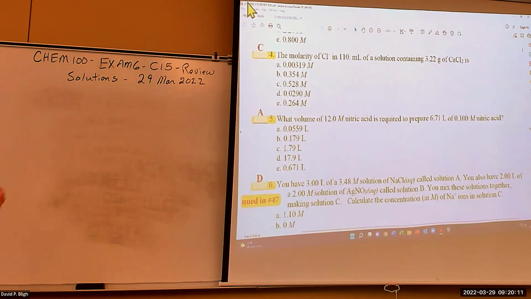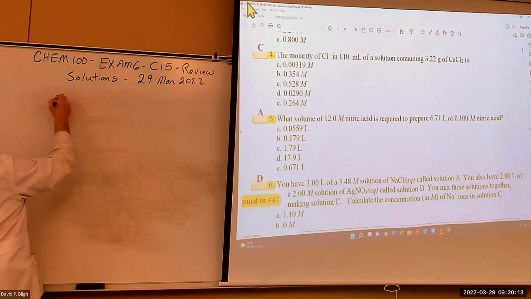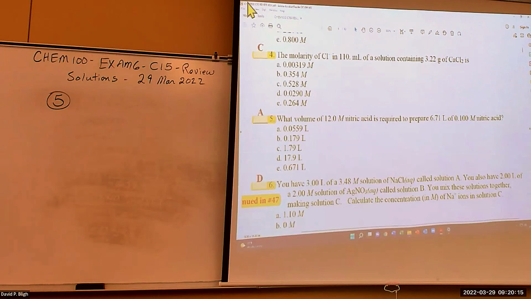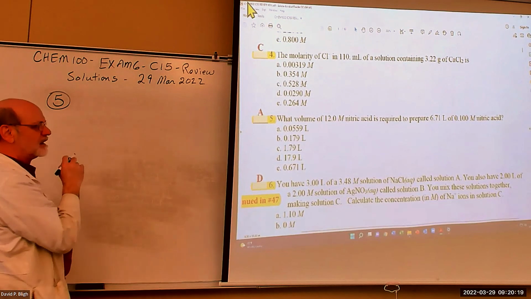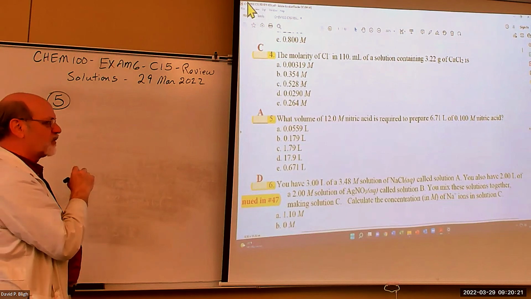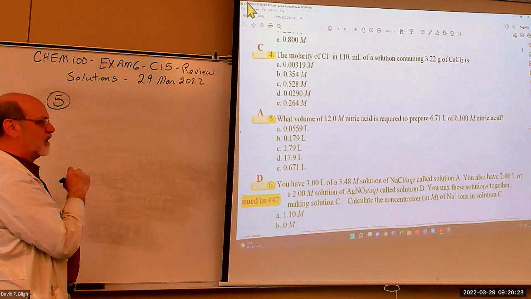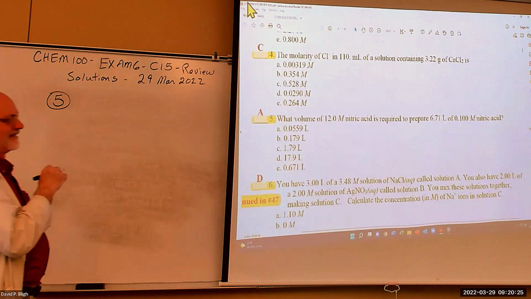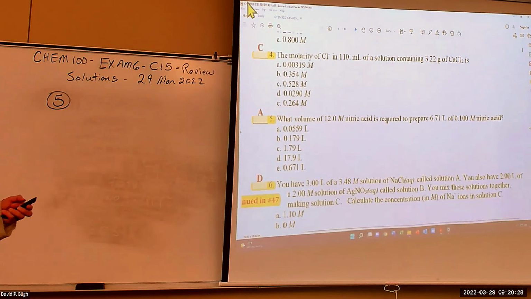Okay, 5. What volume of 12 molar nitric acid is required to prepare 6.71 liters of 0.1 molar nitric acid? Okay, notice we have 2 molarities listed here, 12 and 0.1.